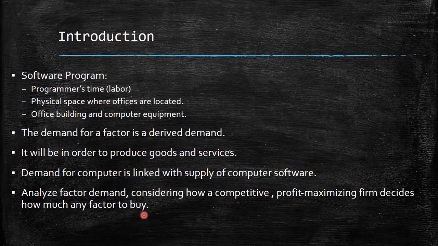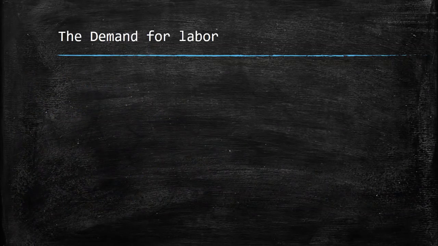When we analyze factor demand, we are talking about a competitive, profit-maximizing firm that decides how much of any factor to buy, not because of the factor itself, but because of the profit it is trying to pursue. We will start by talking about the demand for labor, one of the most important factors of production for any company.